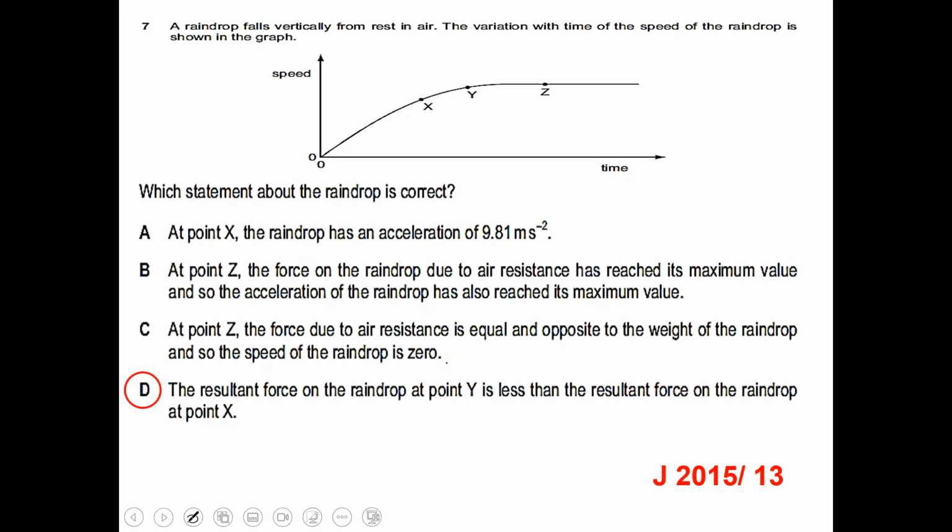When something is falling through air, acceleration decreases, resultant force decreases until resultant force becomes zero, acceleration becomes zero, and velocity becomes terminal. So it means acceleration at X will be greater than acceleration at Y, and acceleration at Z will be zero.